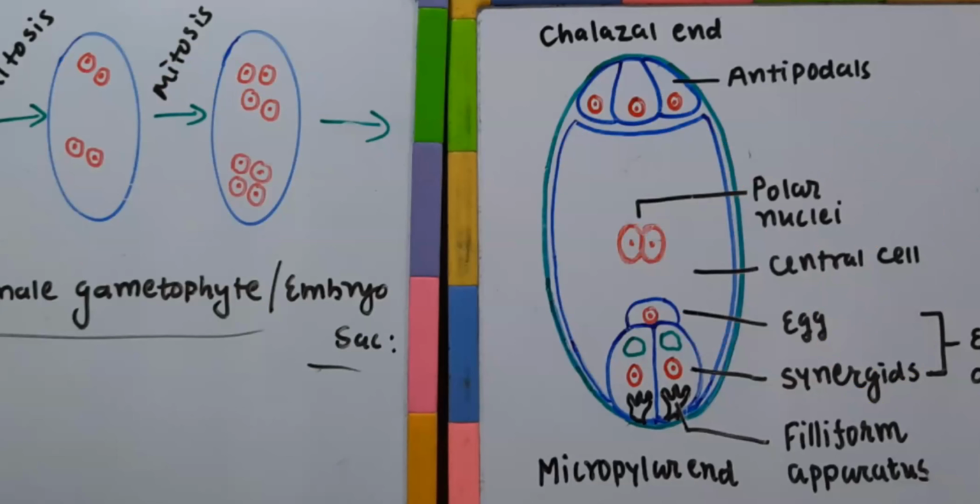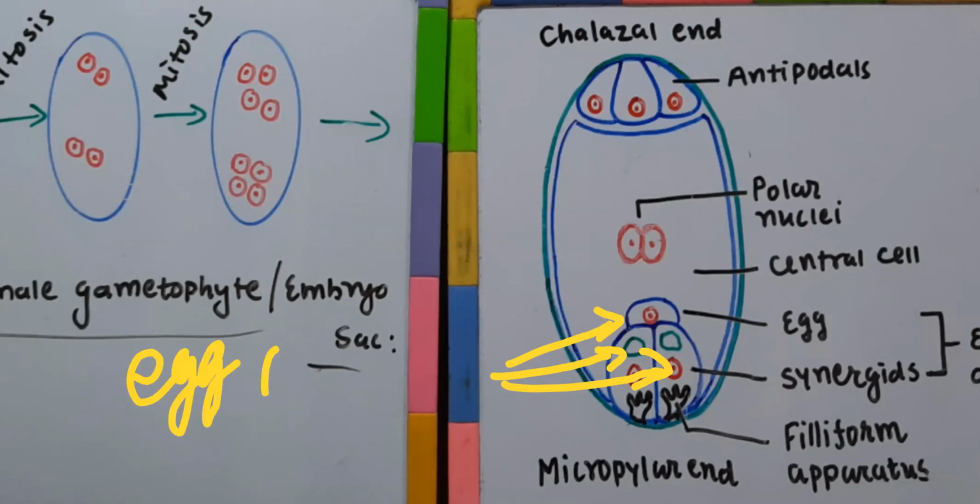If you see the 3 cells which are grouped at the micropylar end, together they form the structure named the egg apparatus.